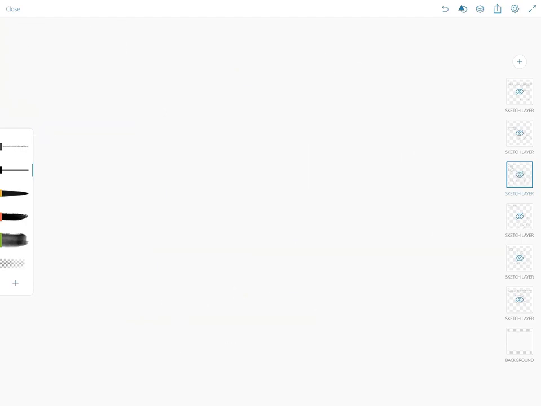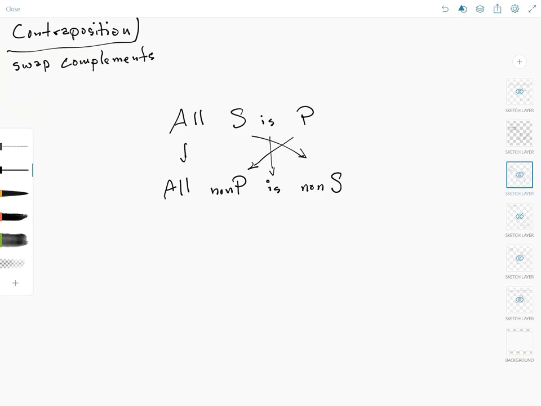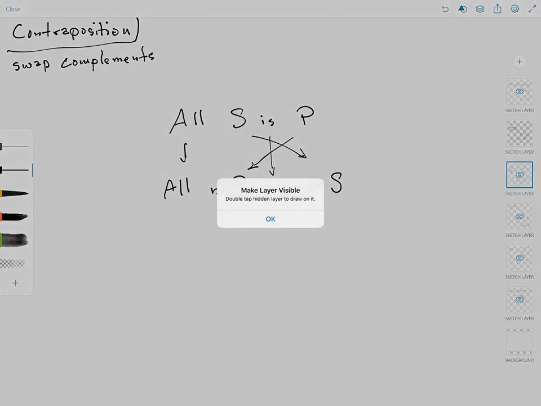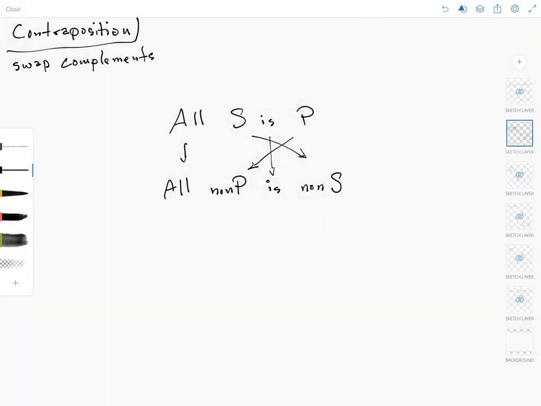All right, one more mechanical operation that we want to look at is called contraposition. Now, in contraposition, we're going to keep everything the same, except we're going to swap the complements of the subject and predicate of the original proposition. So look at this. We start with an A type. The A is what? Universal affirmative.